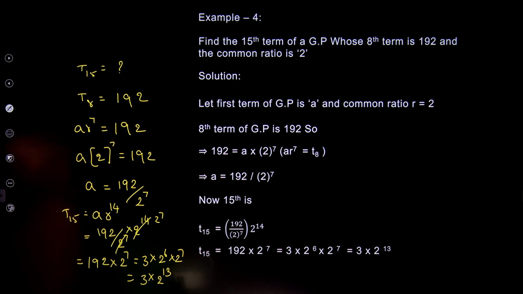Here r equal to 2 and the 8th term a r power 7 equal to 192, so a into 2 power 7 equal to 192, then a equal to 192 by 2 power 7.